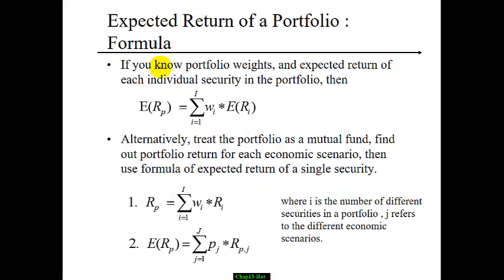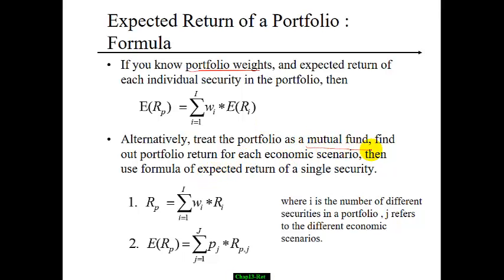Now, we care about performance of this portfolio. How much return are we going to get? How much risk are we going to take? For portfolio returns, there are two different ways. If we already know the portfolio's allocation, we already know the expected return for each of the individual portfolio securities. We can simply use the weighted average.